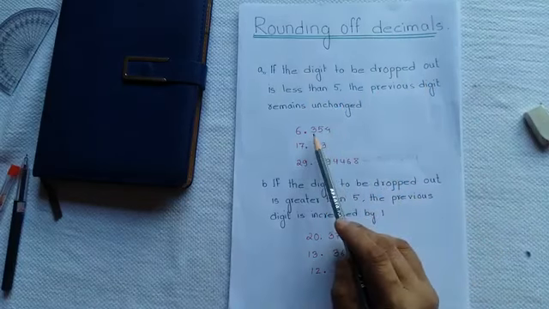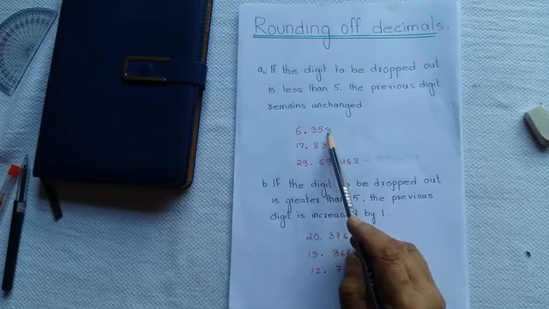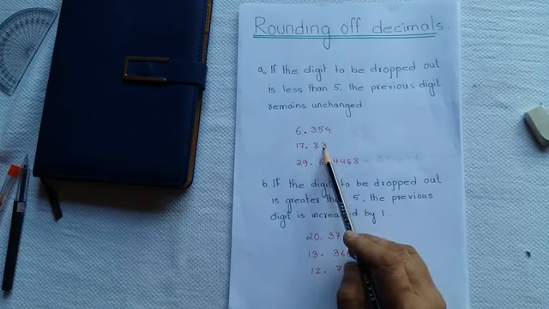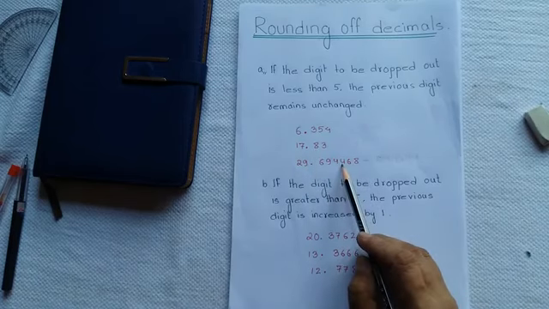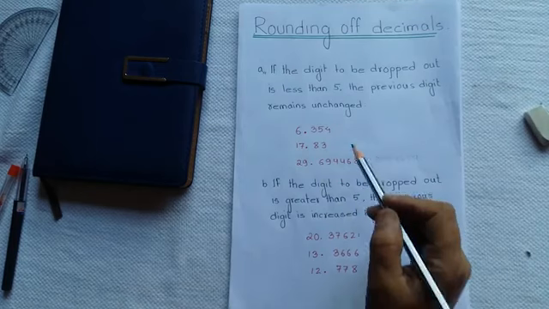It means if you want to drop out 4 here, which is less than 5, then the previous digit will remain as it is. If you want to drop out 3, which is less than 5, the previous digit will remain as it is. If you want to drop 4, 6, 8, here this small 4 is less than 5, so the remaining digit will remain unchanged. Okay, I'll do it for you here.